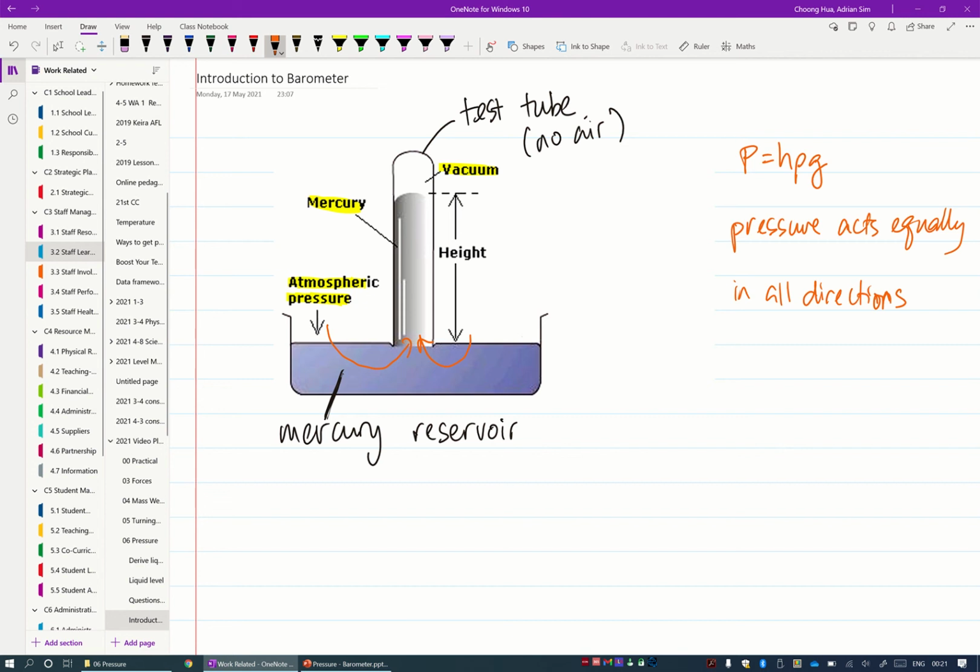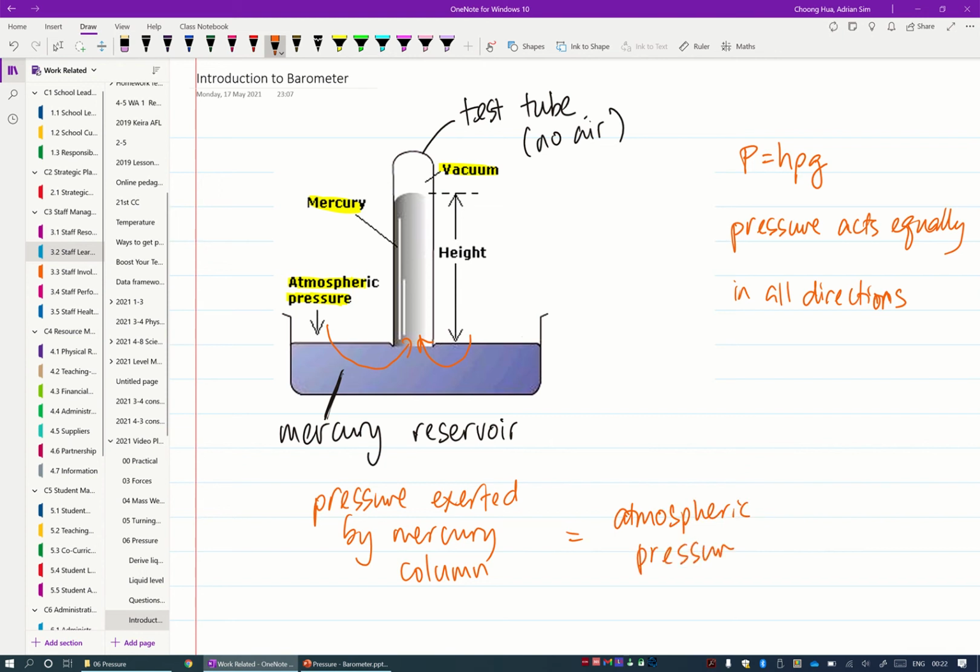At this moment, the space above the mercury column becomes a vacuum, and the pressure exerted by the mercury column becomes equal to atmospheric pressure.